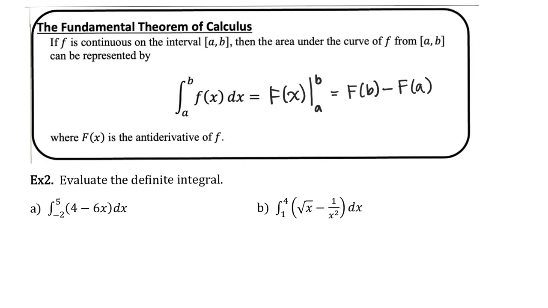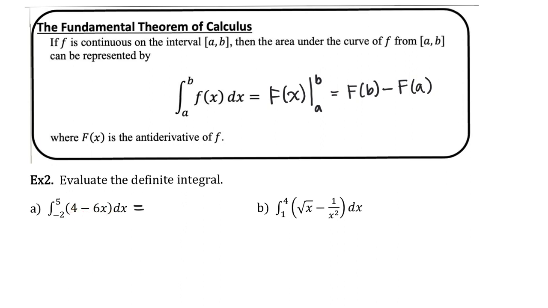Okay, let's try it. For example 2, evaluate the definite integral. We call this definite because there are definite values, there are numeric answers here. Now we know how to find the antiderivative, so we're going to do this algebraically. I want to find the antiderivative of 4 minus 6x.